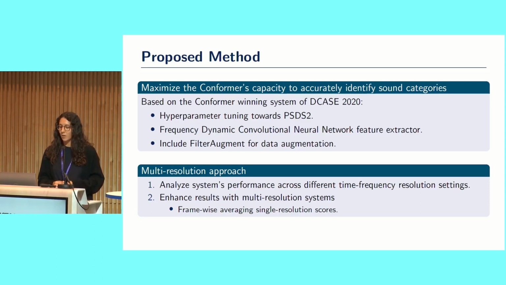First, we wanted to analyze the system's performance across different time frequency resolution settings and compare this with convolutional recurrent neural networks. This approach could also be used for enhancing the results with multi-resolution systems, which are obtained by combining, by frame-wise averaging, single resolution scores.